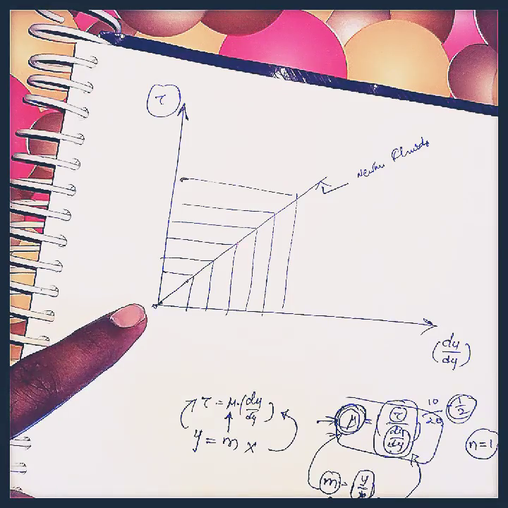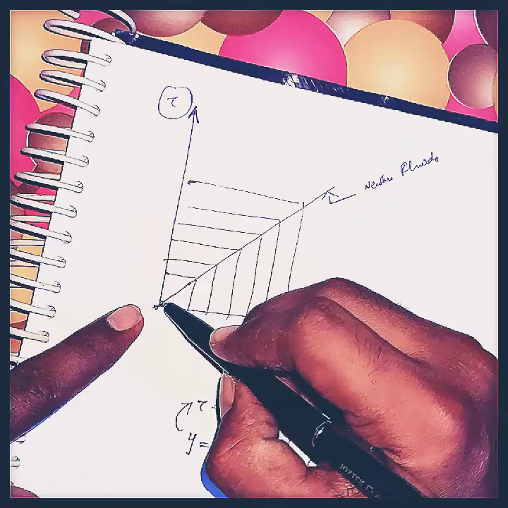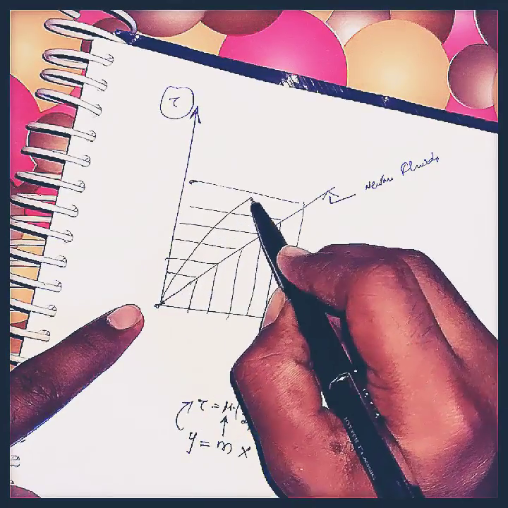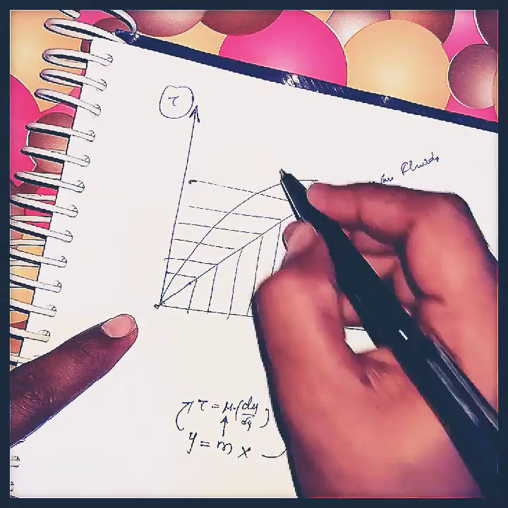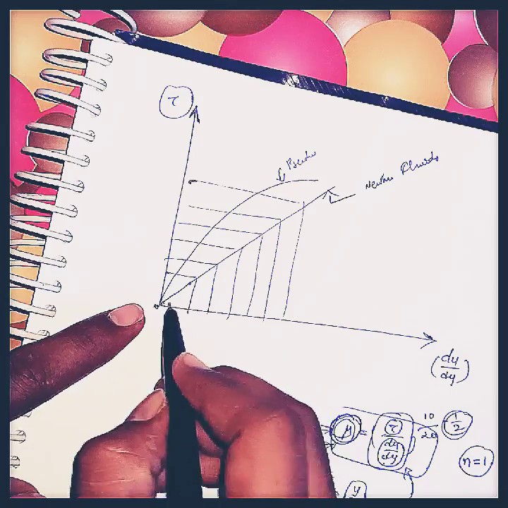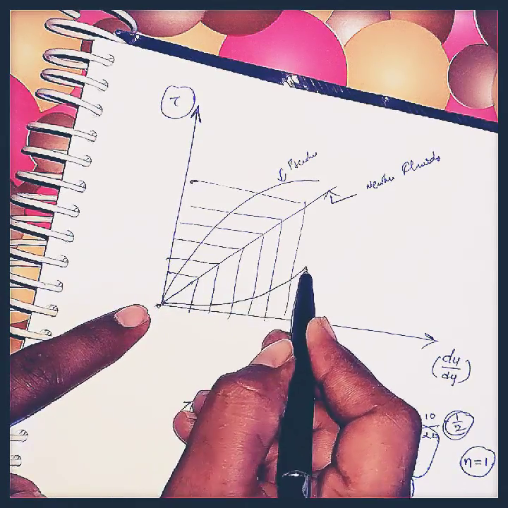If we consider non-Newtonian fluids, that is pseudoplastic, the graph will be like this. This is for pseudoplastic. And for dilatant fluids, the graph will be like this.